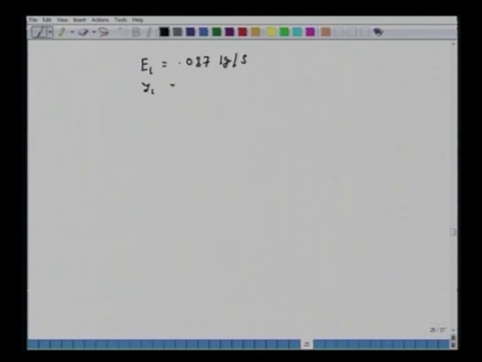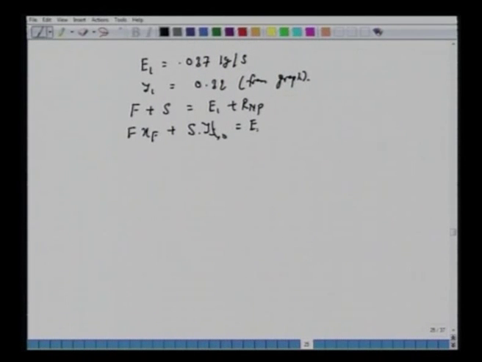Y1 from the graph we have obtained as 0.32, because it's on the equilibrium phase diagram. So all we are writing here is again F plus S as E1 plus RNP, and F times XF plus S times YS, which is 0 here, equal to E1 times Y1 plus RNP times XNP.